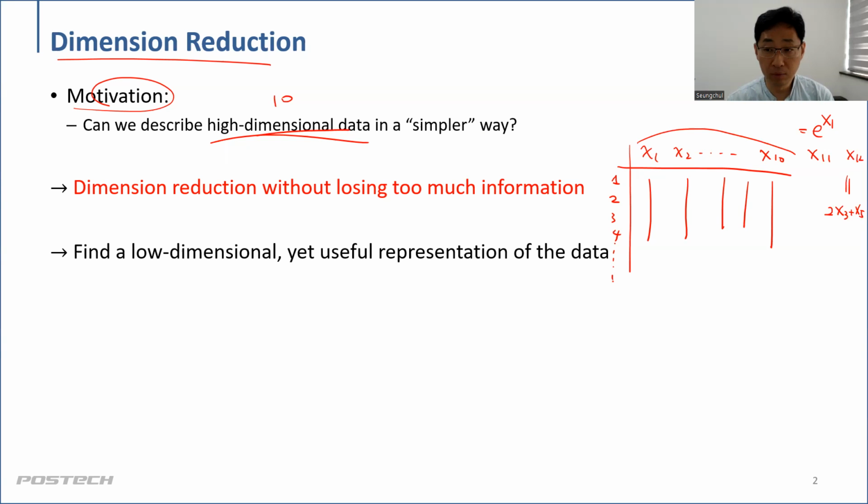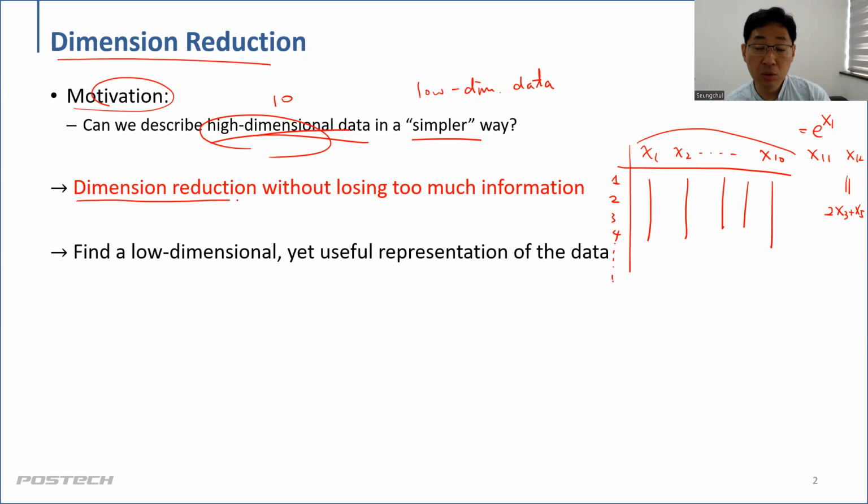That's the motivation. I would say simple is always better, or probably I would say a low dimensional data set is always better than this one. But there are some constraints on it. What is that?